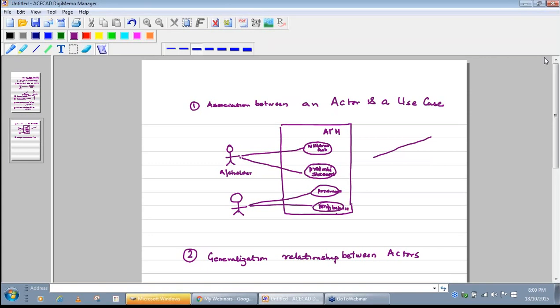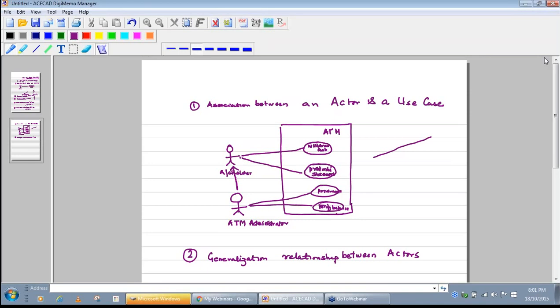So this ATM administrator can do these two additional activities. Also, by virtue of ATM administrator being the employee of the bank, he is also an account holder. So ATM administrator can do all what an account holder can do. What I have shown is basically a generalization relationship between ATM administrator and the account holder.